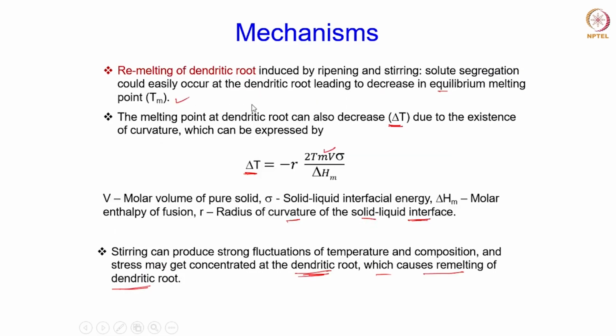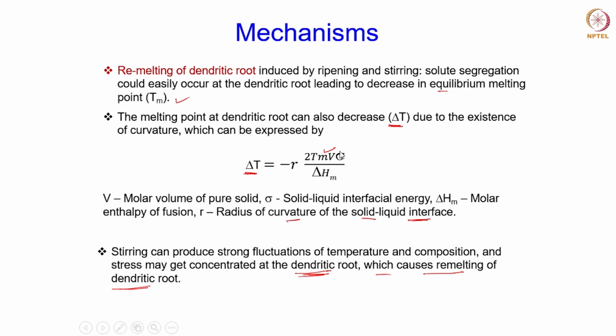This is another mechanism that we talked about, the remelting of the dendritic roots, which occurs due to solute segregation. Solute segregation leads to a decrease in the melting point locally, and this would cause the remelting of the dendrite roots, because the solute segregation primarily occurs near the roots.